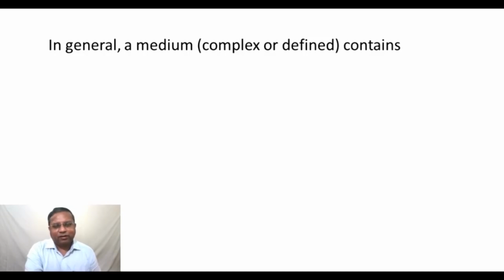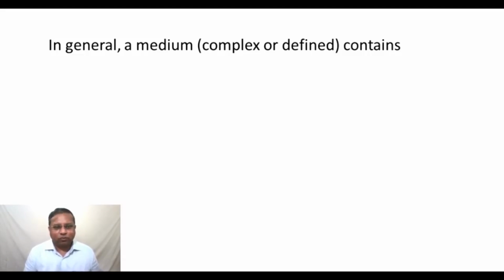In general, a medium, we had talked of media earlier, is the substance in which cells grow. It provides all the nutrients for the cells to grow, that is, for the cells to multiply and the culture to grow. The medium could either be complex or defined. Defined just means that you know everything that is there.